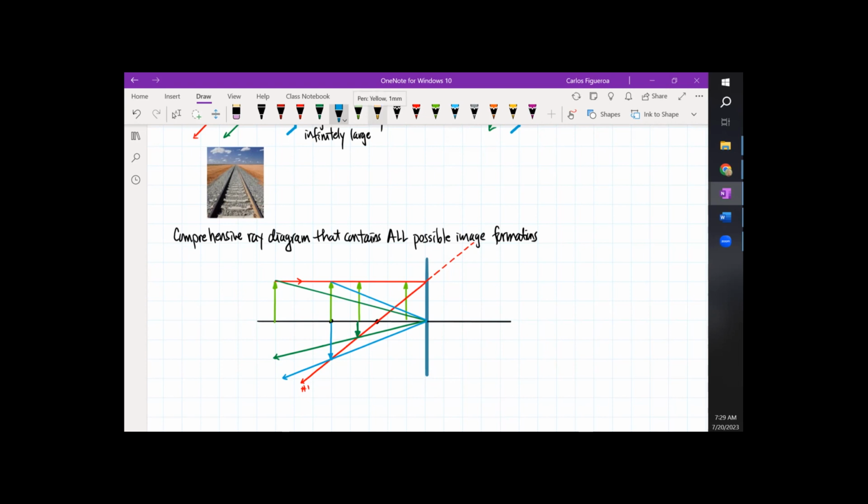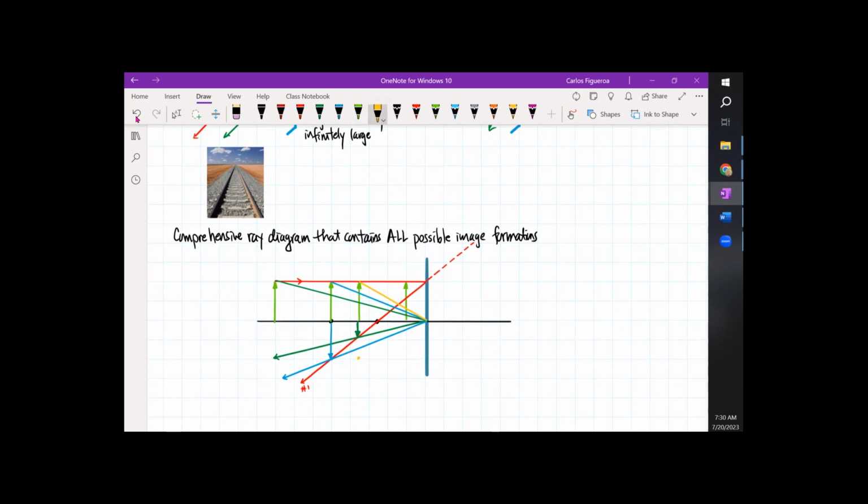Now, let's take another ray. I'm going to use this yellow one, so I'm going to come in here and pick this point right here. So I know it's got to reflect through there. And then here's my reflection right here.